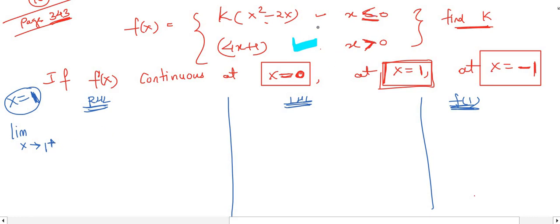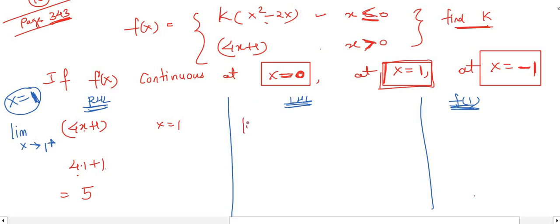Less than 0 or more than 0? Which one should I take? More than 0. 1 plus means a little bit more than 1, so I am supposed to take this only, because 1 is more than 0. So it is 4x plus 1. Now put the value x is equal to 1. So 4 plus 1 will be 5. This is my RHL value.